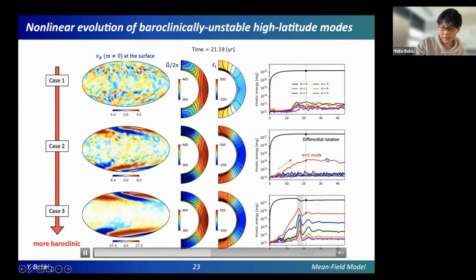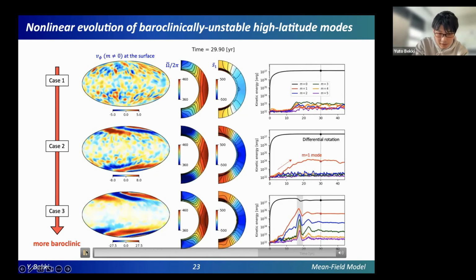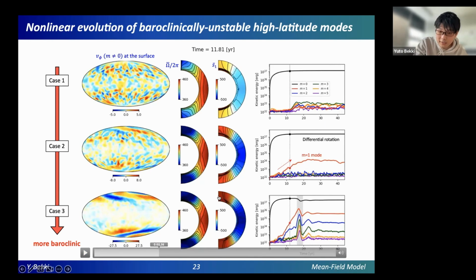In case 3, on the other hand, we can see that the baroclinicity, the latitudinal entropy variation, is so strong that all the modes are excited, from m equal 1 to m equal 5.